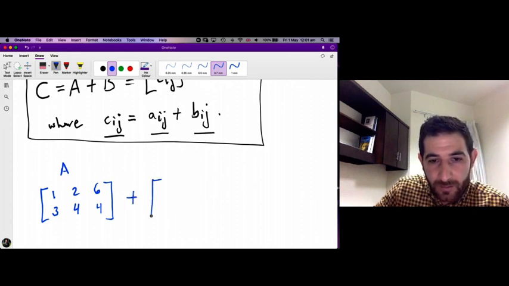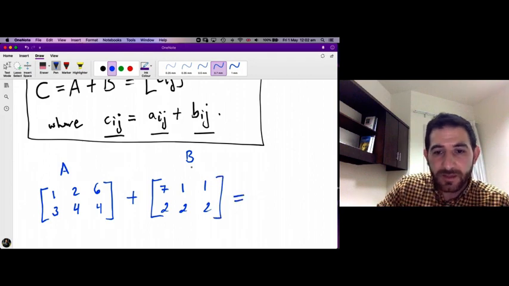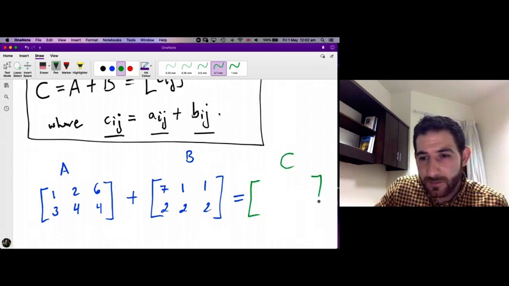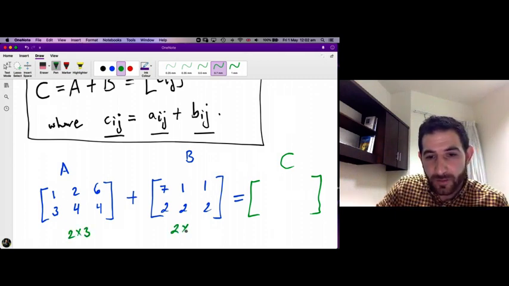Let's add it with another matrix, call it B, with rows 7, 1, 1 and 2, 2, 2. This sum is equal to the matrix C. Notice that this is a 2 by 3 matrix, with 2 rows and 3 columns, and this is also a 2 by 3 matrix.